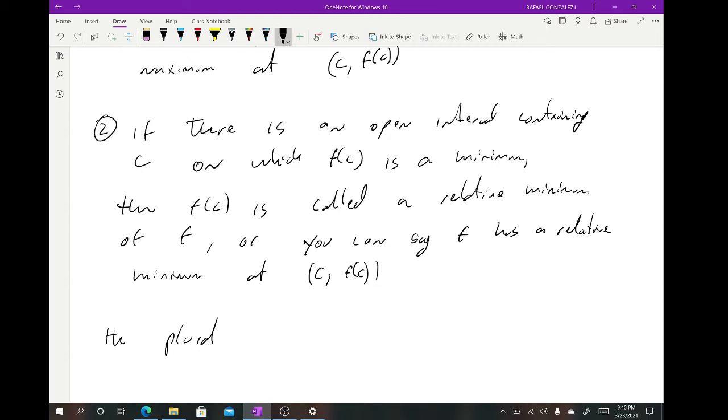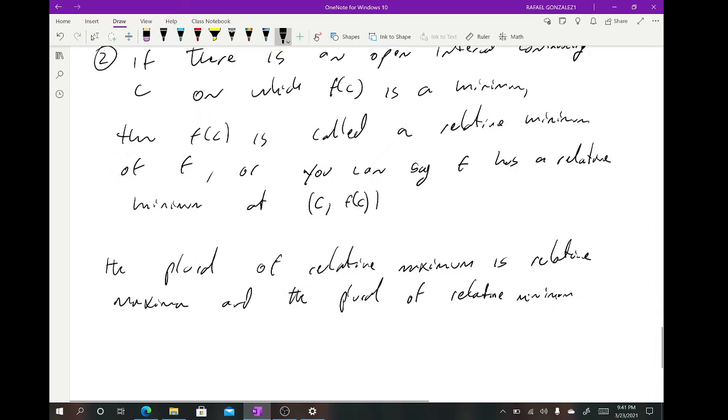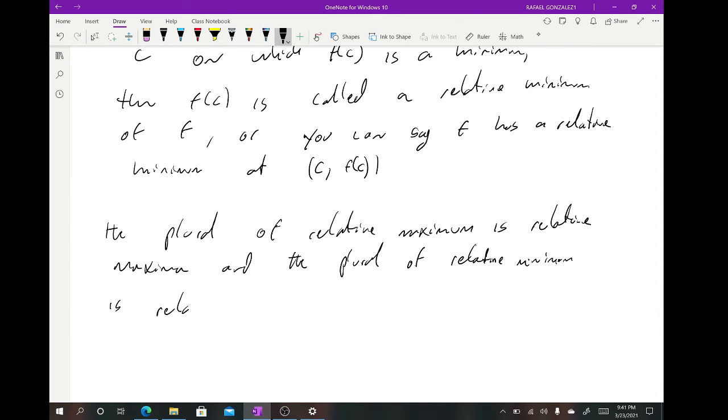The plural of relative maximum is relative maxima, and the plural of relative minimum is relative minima.